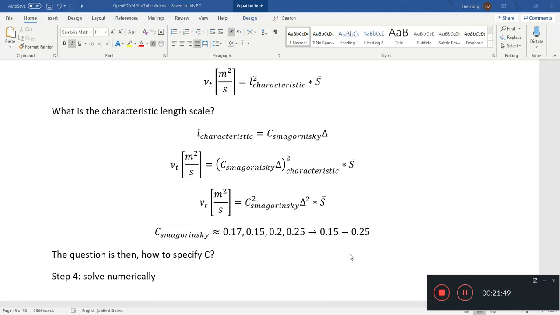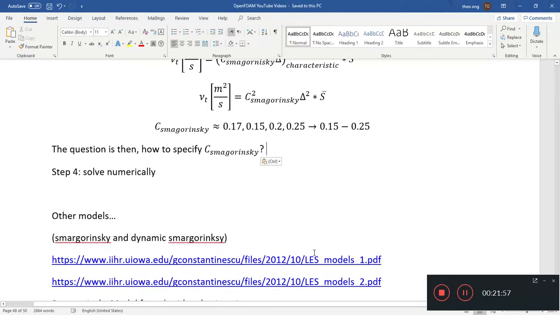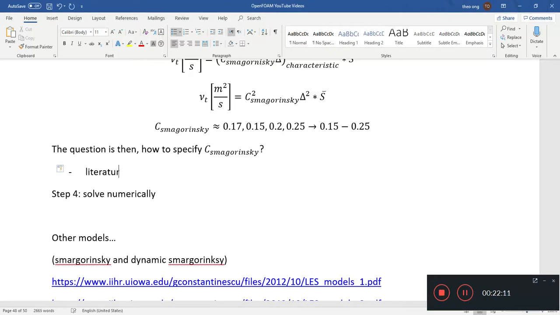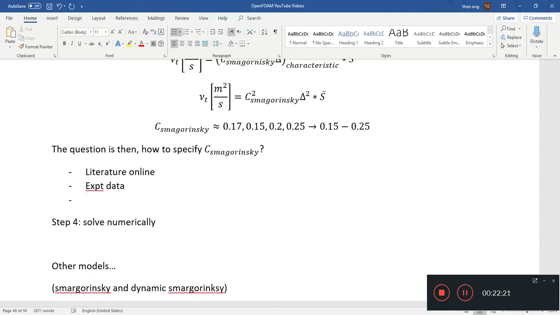Generally, when you hop from one case to another, the best Smagorinsky coefficient will change. So you have to look at literature online and at experimental data, or maybe the other way is to use some other, more complicated model.